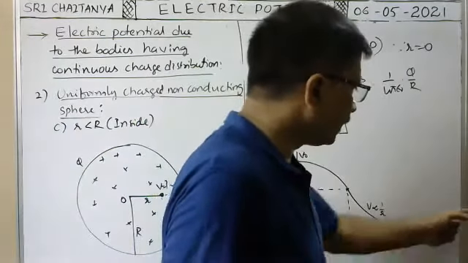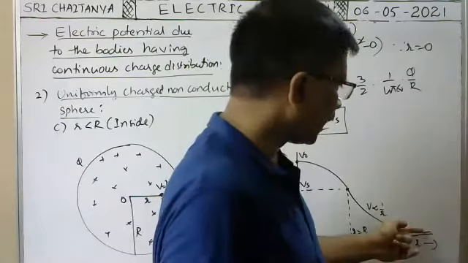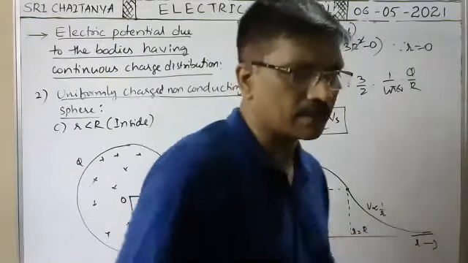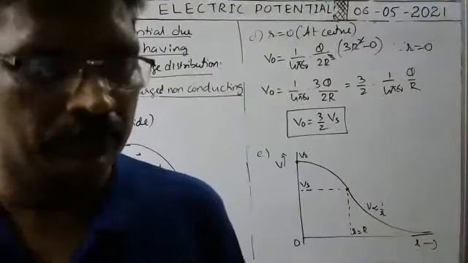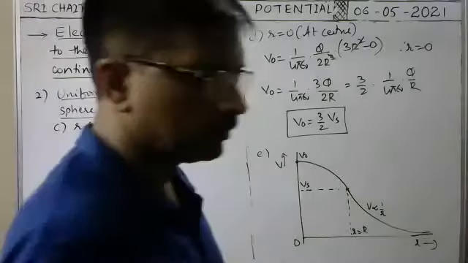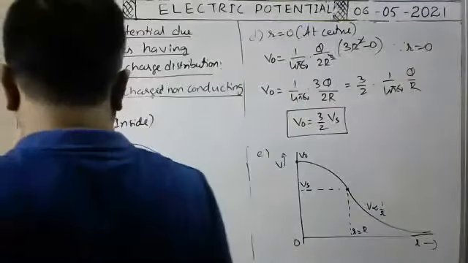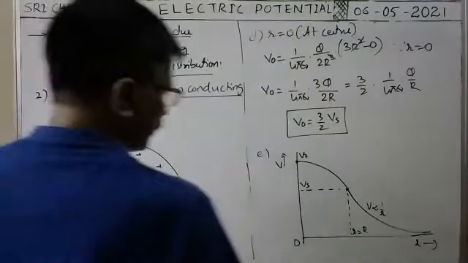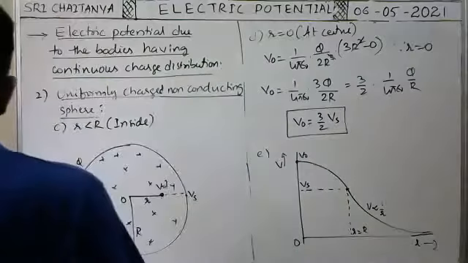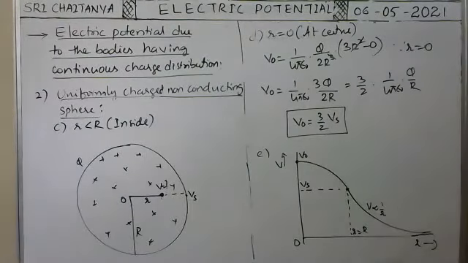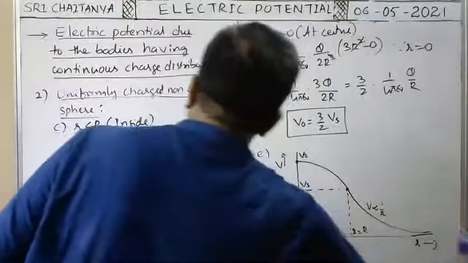That's why up to infinite distance we draw parallel to this x-axis. That's all. One more case is also there.